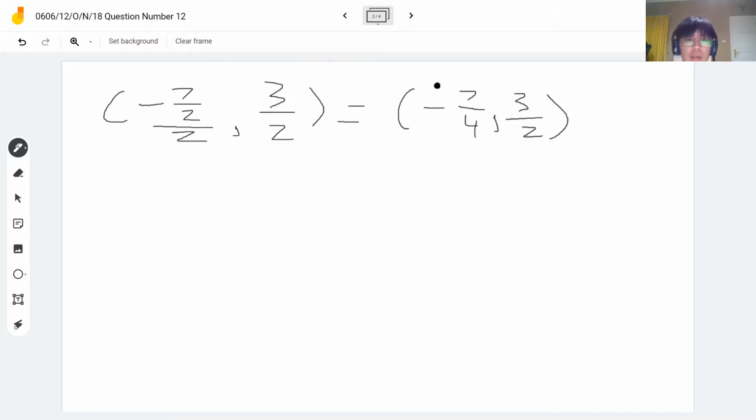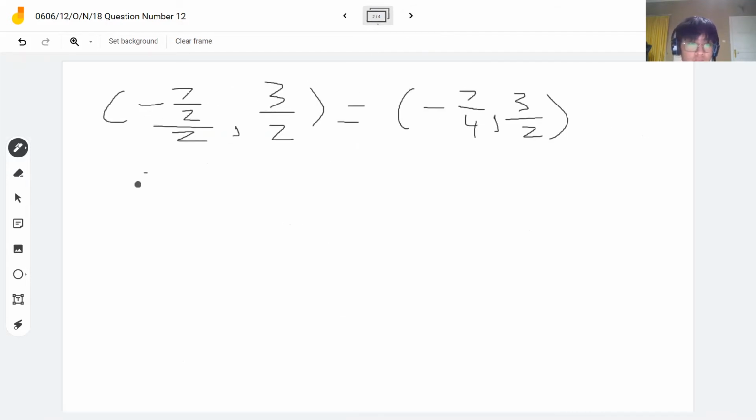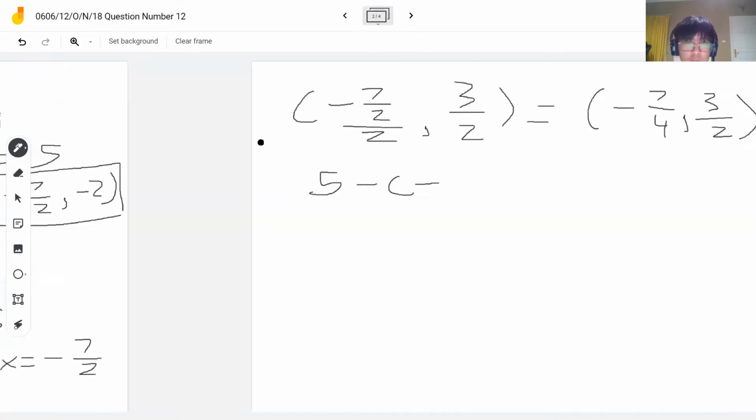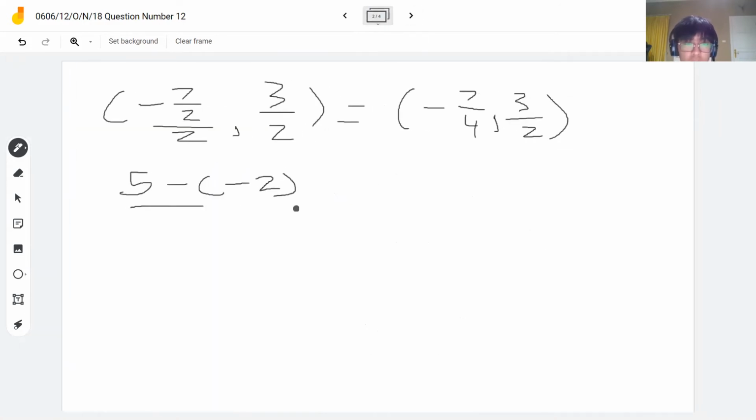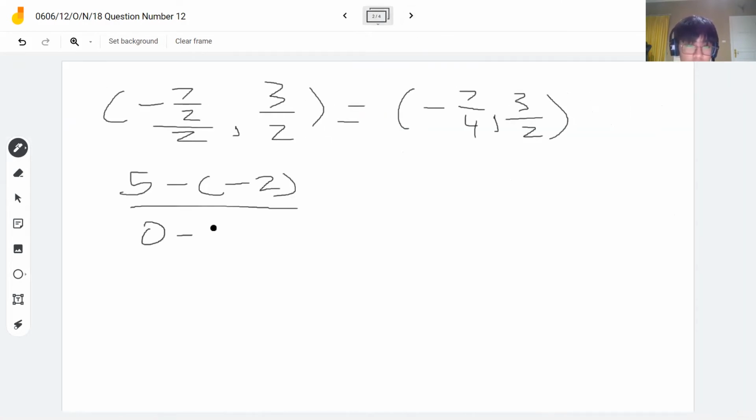This is the midpoint. Now we need to find the gradient. And to do that, we also need to apply the formula. The formula here is also very simple, which is y2 minus y1 over x2 minus x1. Let's consider this the y2 and x2. So this will become 5 minus negative 2 over 0 minus negative 7 over 2.